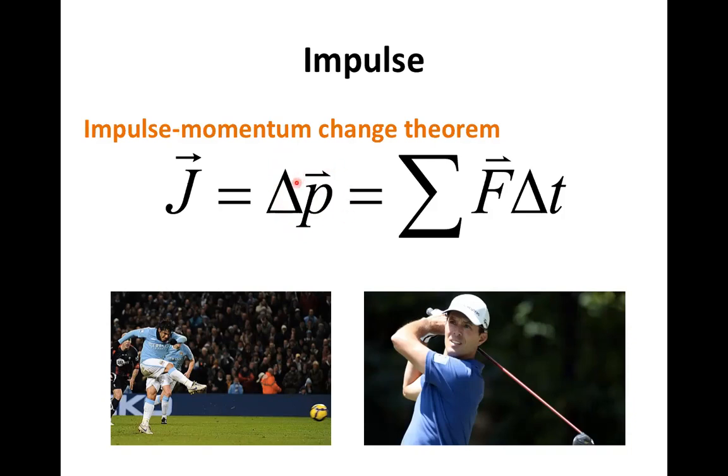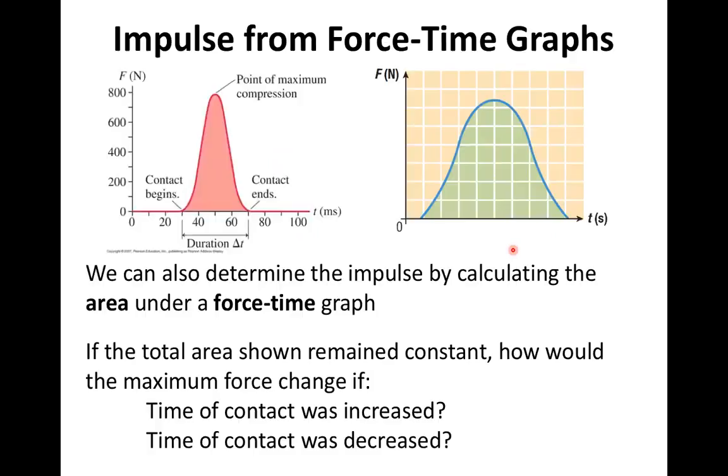So if impulse is set, what can we play with? If we increase the time by having a cushioned mitt, then we can reduce the force that we experience, and it will be less painful when you catch the ball. And the force here is either a constant force or more realistically, an average force.